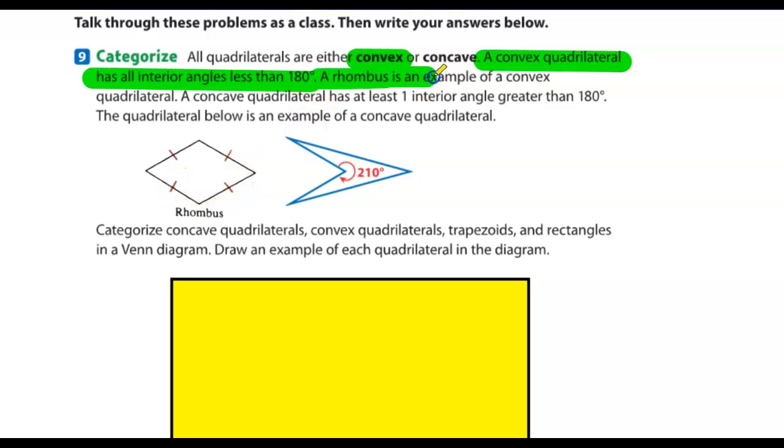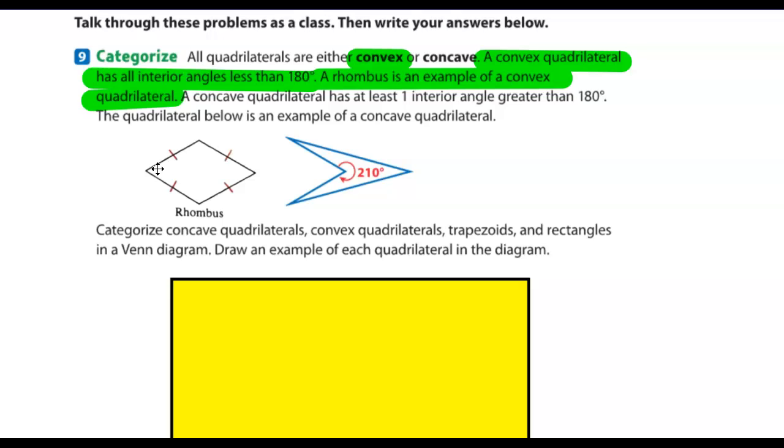It says a rhombus is an example of a convex quadrilateral. So let's talk for just a moment about this. We're talking about the measure of the inside angles. Remember that a rhombus has two acute angles that are opposite of each other. So this is acute and this is acute. Do you remember what acute means? Acute means that it is less than 90 degrees.